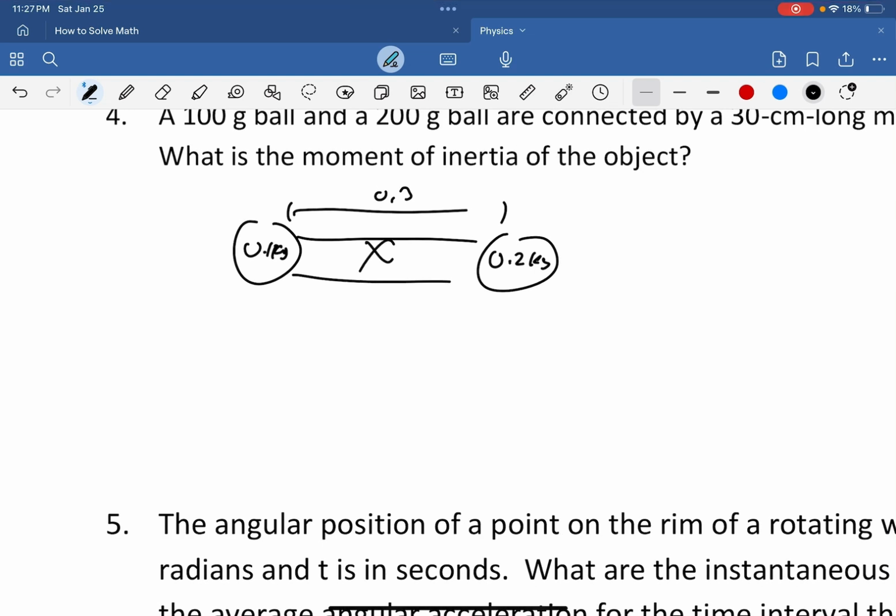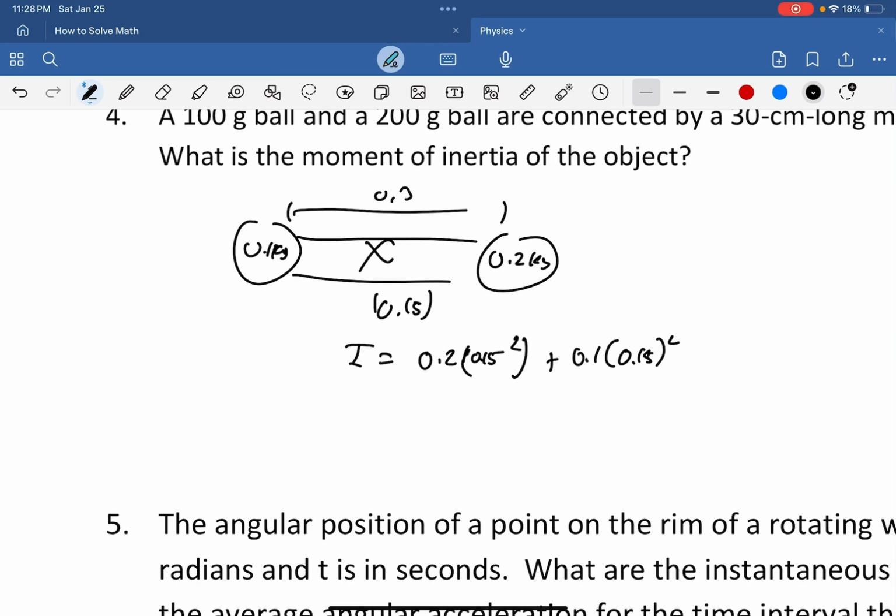So the center of mass is right there. I is equal to 0.2 times 0.15 squared, because the distance from here to here is 0.15, plus 0.1 times 0.15 squared.